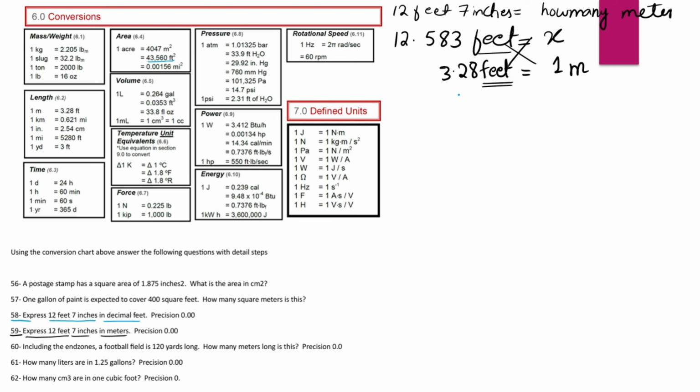If you do the cross multiplication, I am going to multiply this value by this value. So I can write 3.28 feet multiplied by x. x is the value that we need to find, which is in meters. Obviously that's the question. So 12.583 feet multiplied by this 1 meter.